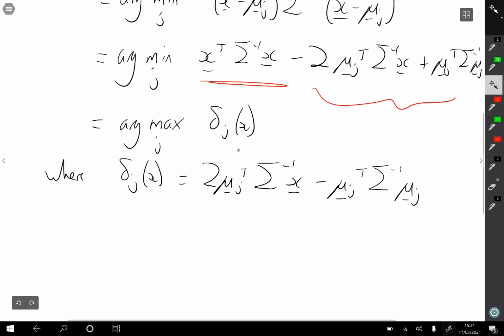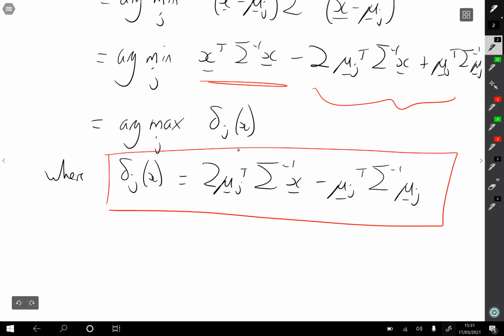This is the form we had before, our linear discriminant function. So the way we do discriminant analysis with a bunch of multivariate normal populations is we evaluate the discriminant function for j equals 1 to g, and then we classify x to the value of j that maximizes this. We'll see an example of this in a moment.